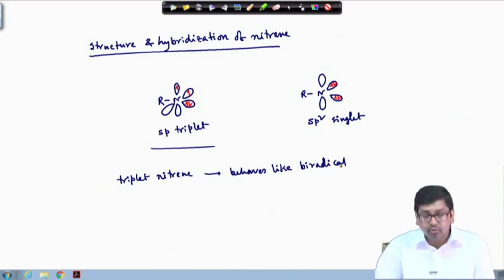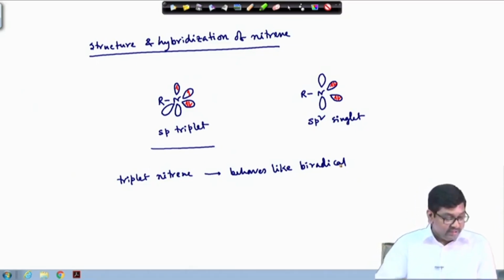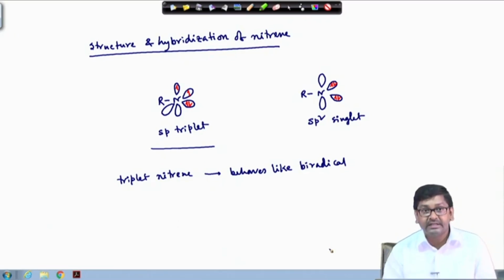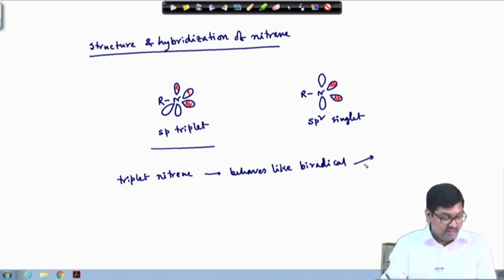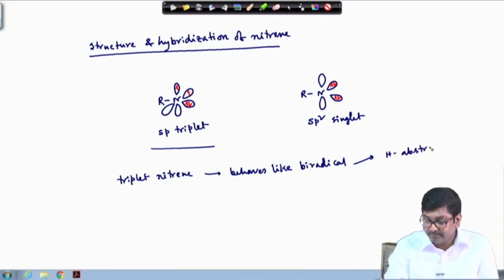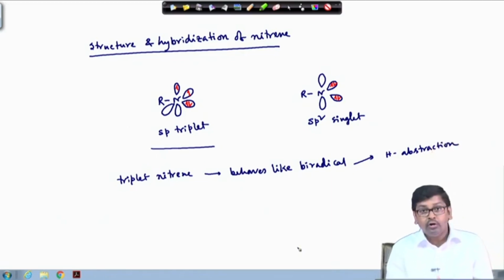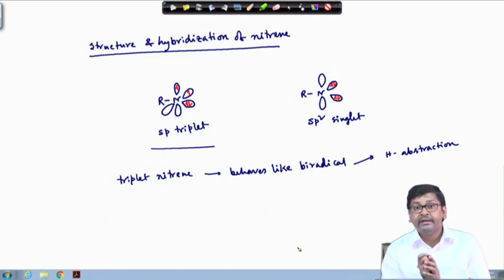Through spectroscopy also we can measure this triplet nitrene. Now, as a biradical, what type of reactions can they do? This can actually do hydrogen abstraction reaction, or similar to a carbene.